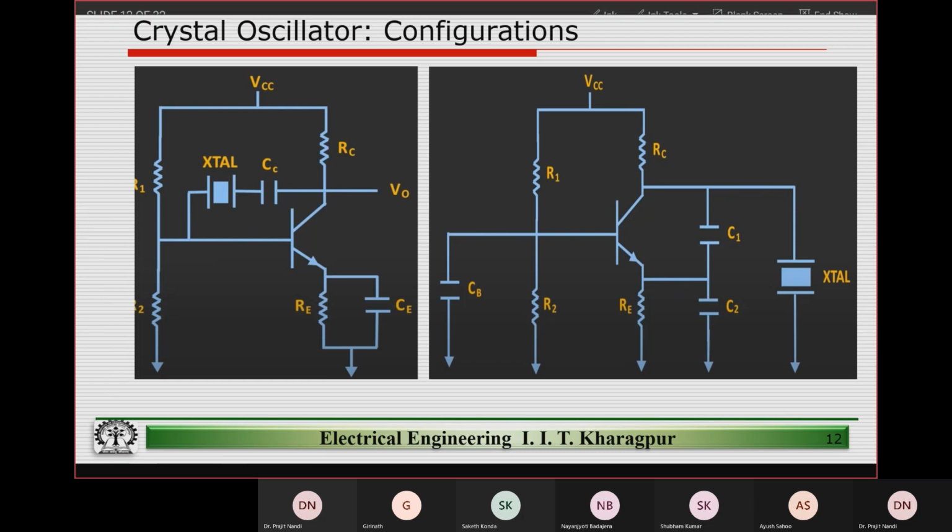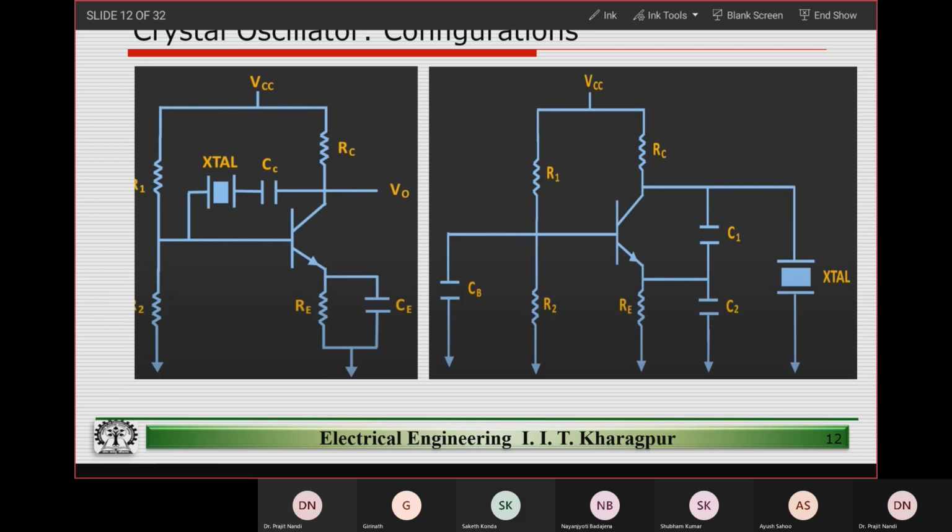The crystal, if you see, is connected in a place where it is in the feedback path. So what happens as we increase the frequency? If we looked at the impedance plot, how did it look? It looked like this.